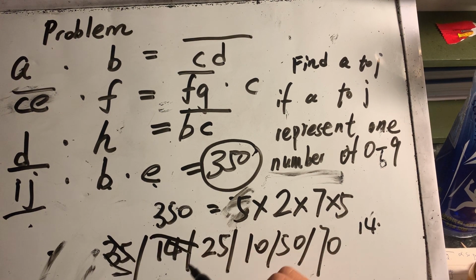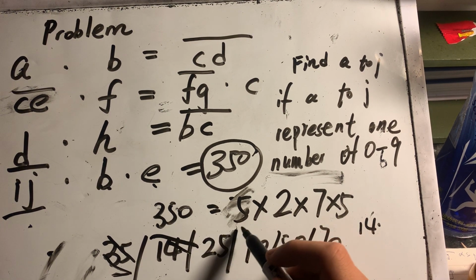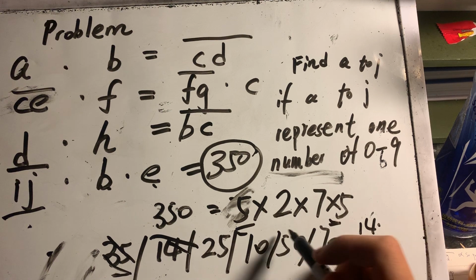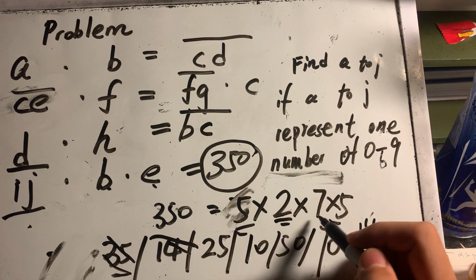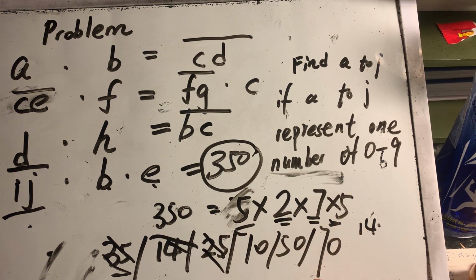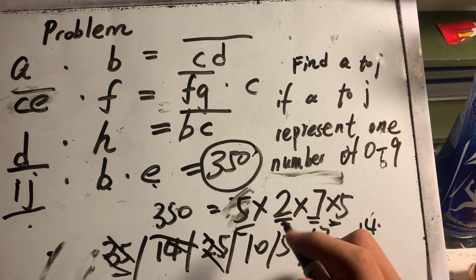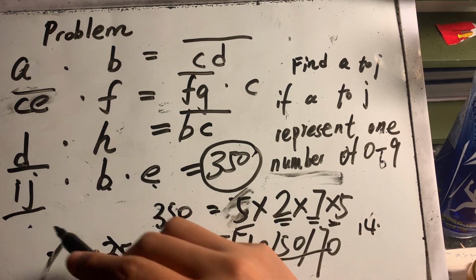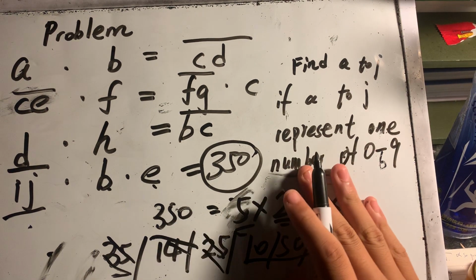It is also not right. If it's 25, the next two numbers have to be 2 and 7. That is also not right. So this means we only have 3 choices for this: 10, 50, and 70.